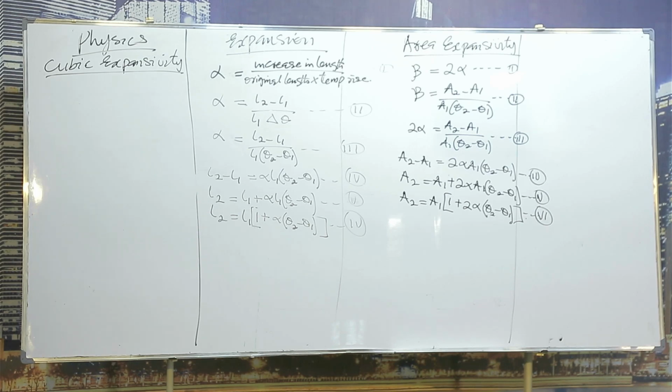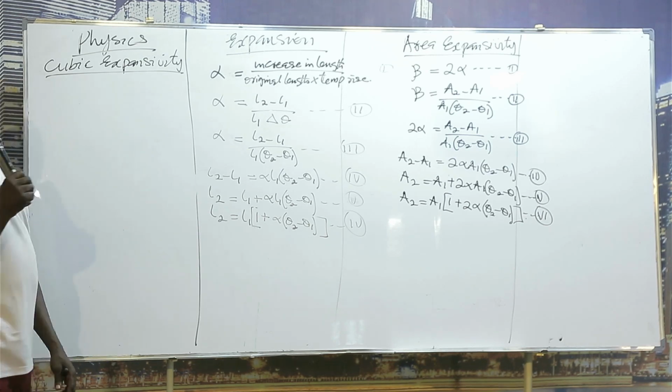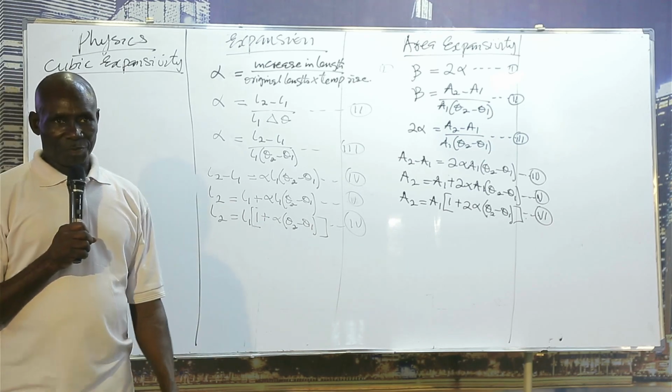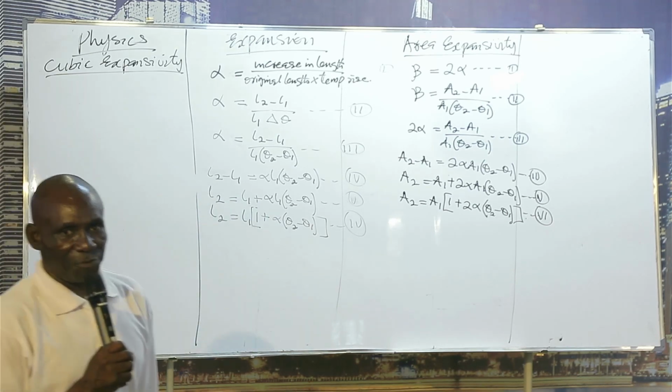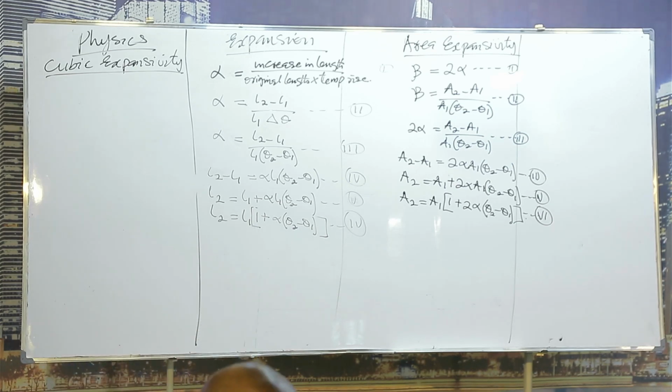Okay, so let's define this. Cubic expansivity is defined as the increase in volume per unit volume per degree rise in temperature.